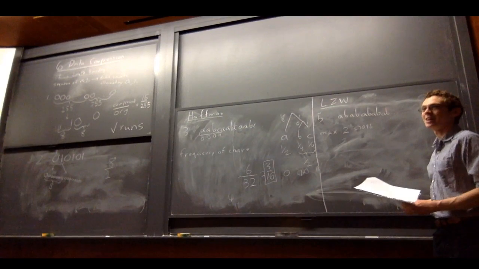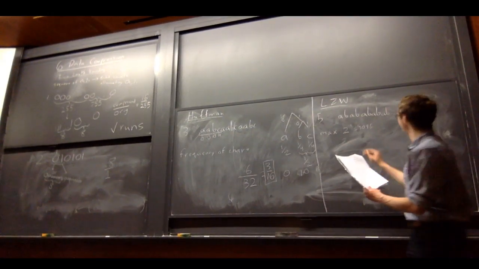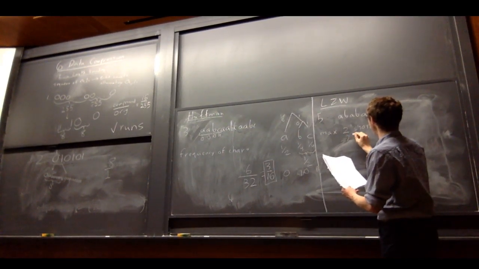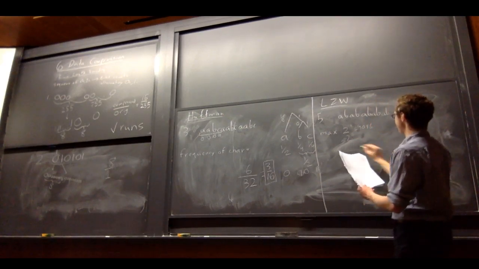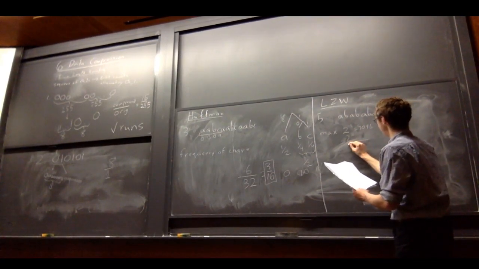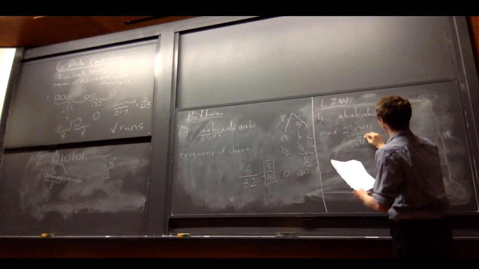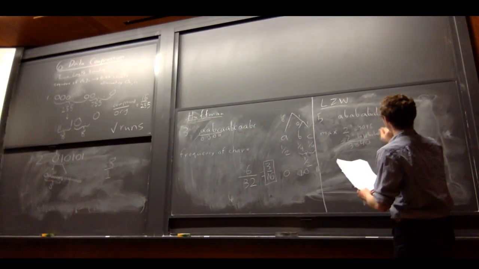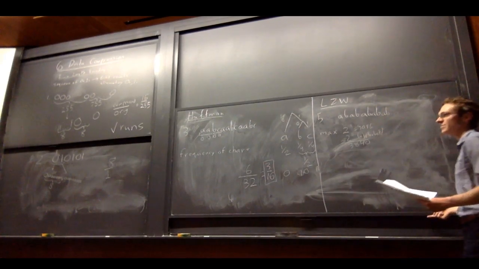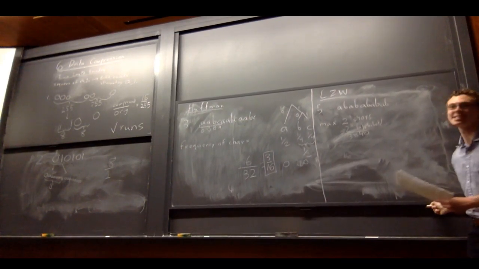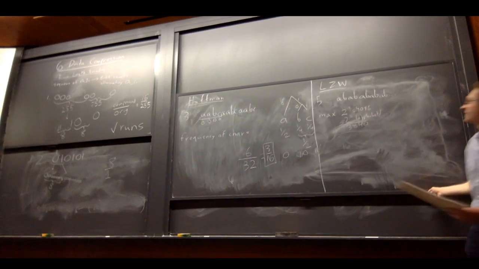So 2 to the 12 minus 2 to the 8 gives us 3840. So 3840 is the remaining size in our code table that we're going to use for LZW.